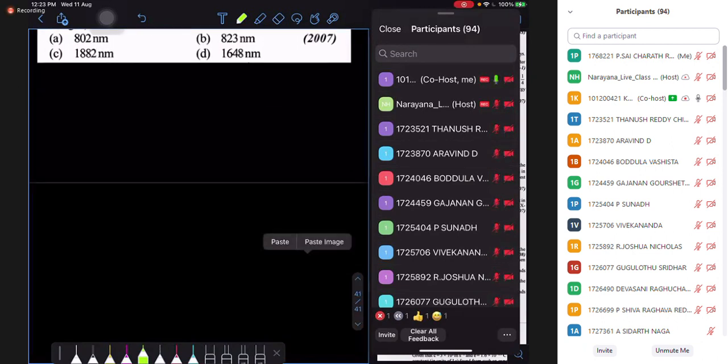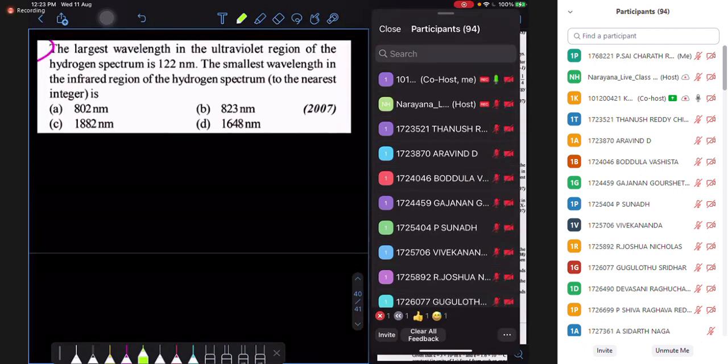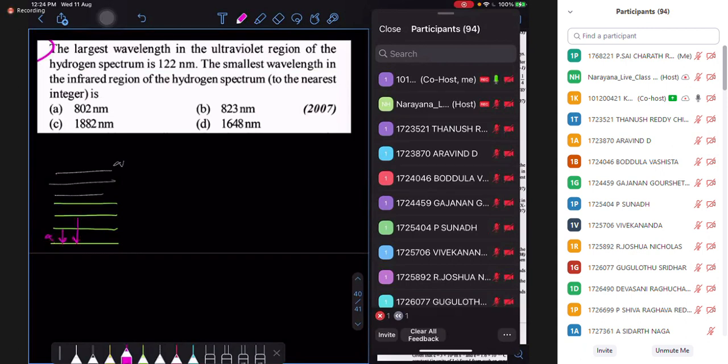For example, consider the Lyman series: where does it start and where does it end? The Lyman series means a jump to the ground state. The first is called alpha lines, the next line is called beta lines, and the last one is called the limit line. That is the last limit.